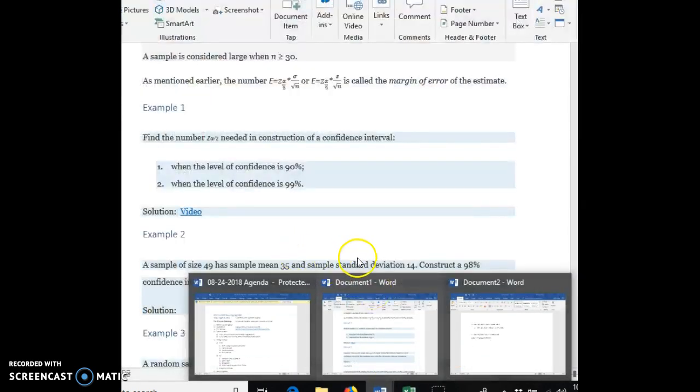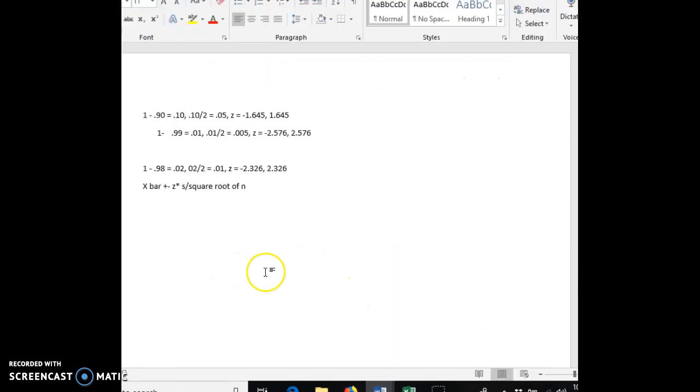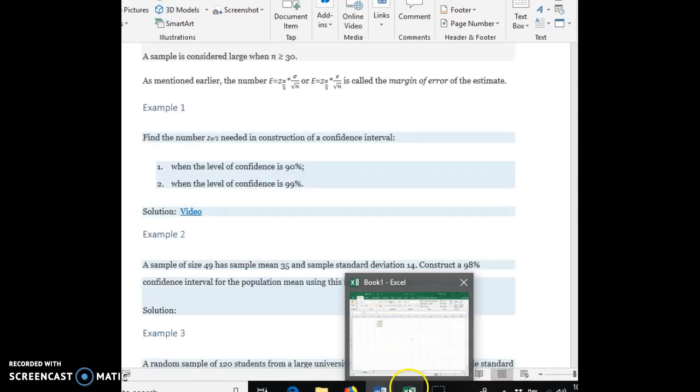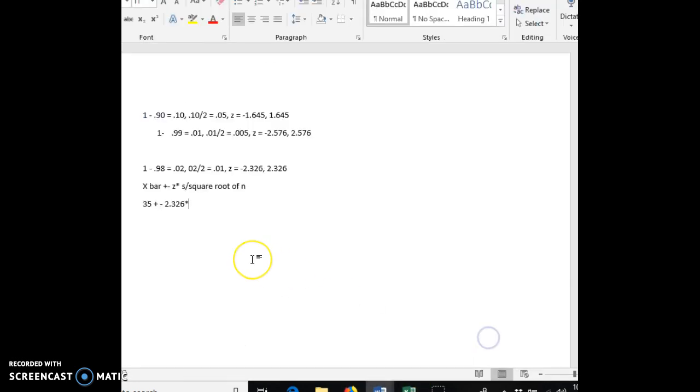While we're here, standard deviation was 14. So we want 35 plus and minus our 2.326. And notice we don't need to put both the negative and the positive here because that's taken into account with this plus and minus, times our standard deviation, which was 14, and our sample size is 49. So we'll have 14 divided by the square root of 49.